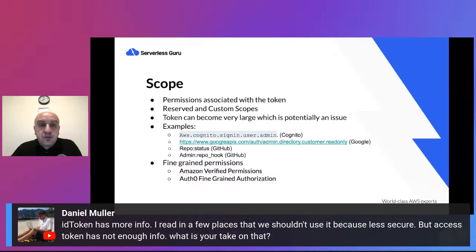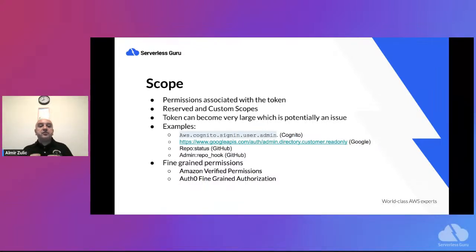As for the scopes, these are actually permissions for your application. You can think of them as guardrails for what you can do with your APIs using this access token. This is a little bit tricky, because scopes are not defined in the specification, so there is no right or wrong way to define them.